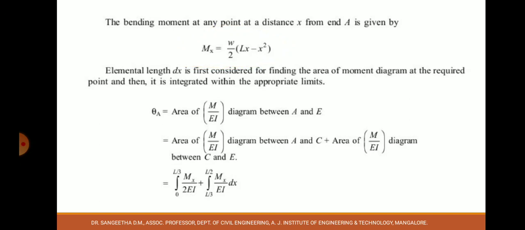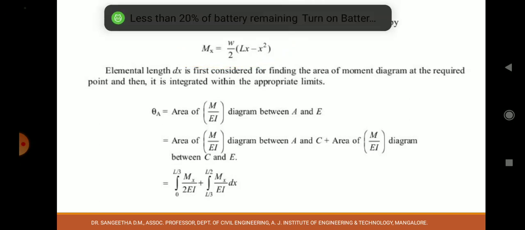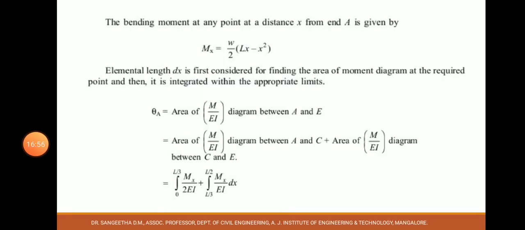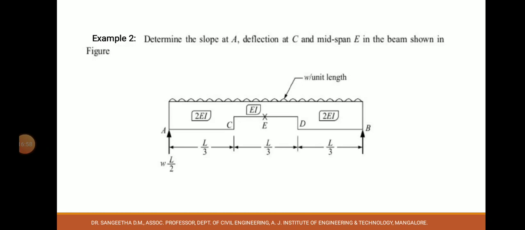At a distance x from end A, if you are taking the bending moment about the section, first, due to the support reaction, WL by 2 into x, and the second, due to the loading, minus W into x by 2 into x.